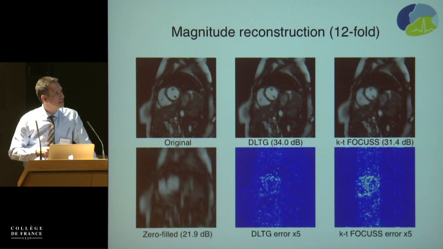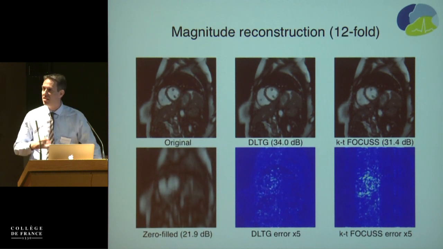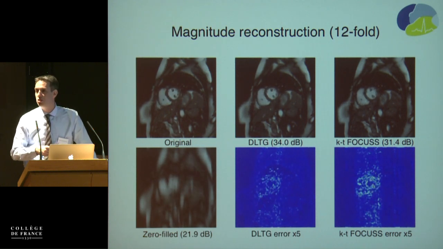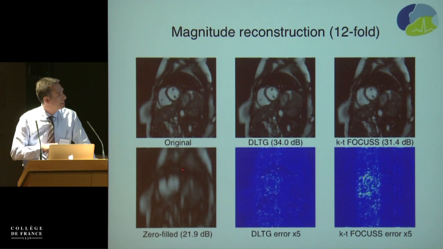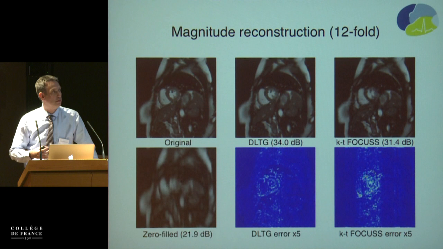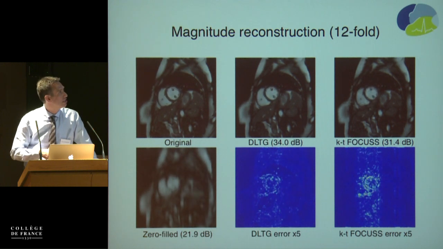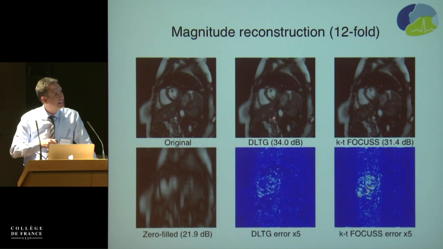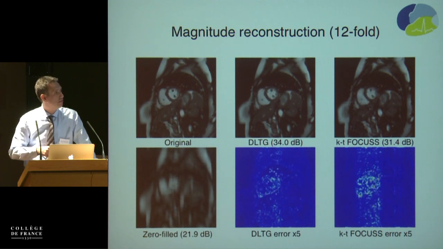I can even push this further and actually undersample the data even more aggressively. You can see here a 12-fold undersampling, and you can see that in my original data there's very little information if I just display the images like this. If I apply the dictionary learning, I can still recover an almost perfect solution.